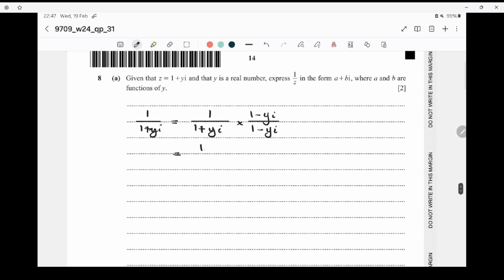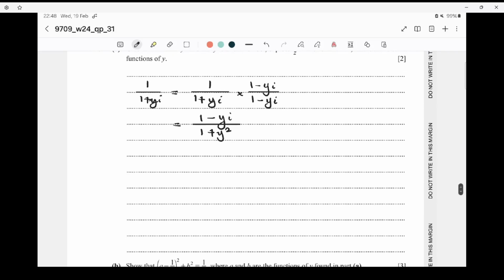So you have 1 minus yi on top. At the bottom you have 1 plus y squared. Sorry, I automatically assumed y equals 1 for some reason.